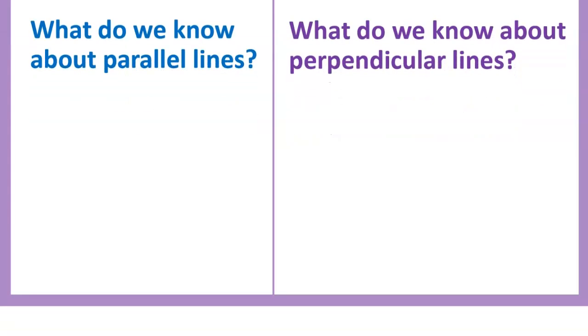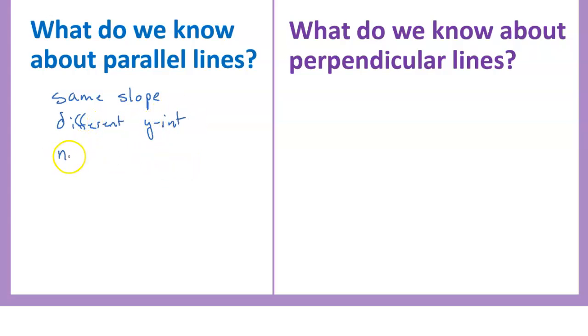All right, so take a second, remind yourself, what do we know about parallel lines? What are some things we know? Well, we know that they have the same slope, and they have different y-intercepts.